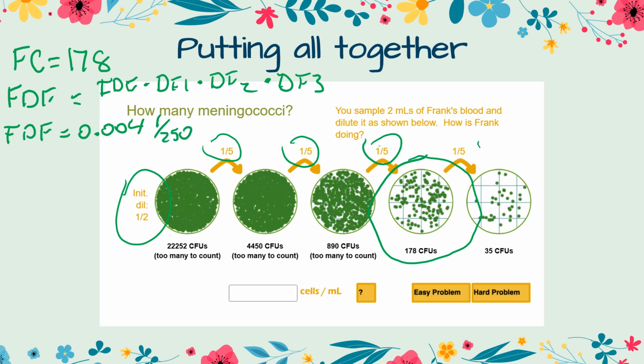And then we can just plug it into that concentration equation, which would be initial concentration equals final dilution factor divided by final concentration. So, I'm sorry, I flipped that.